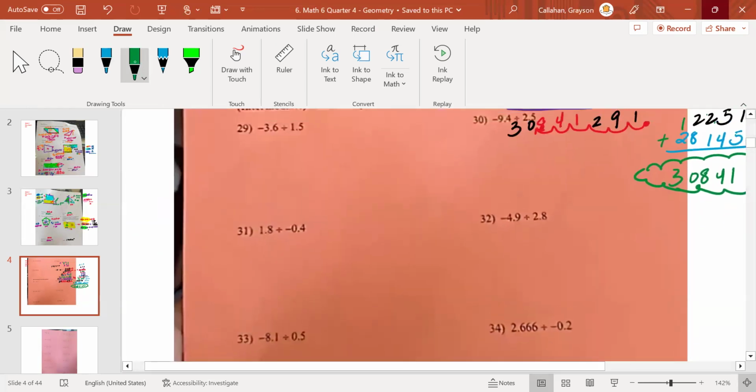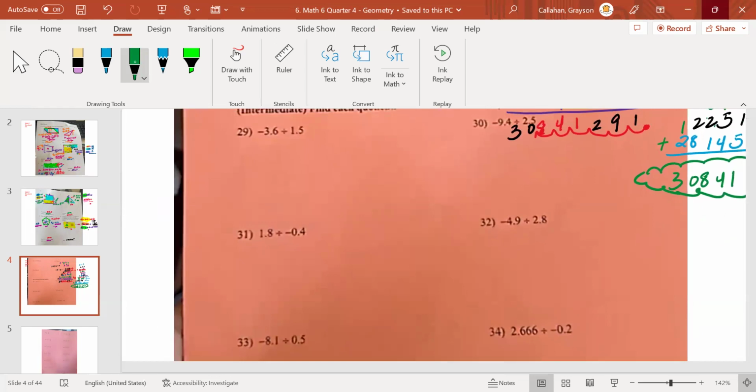Did you check your answers for all of these with a calculator? So 3.6 times 1.5. Here, I'm going to show you how to do this. Okay. This is a negative 5.4 for number 29.